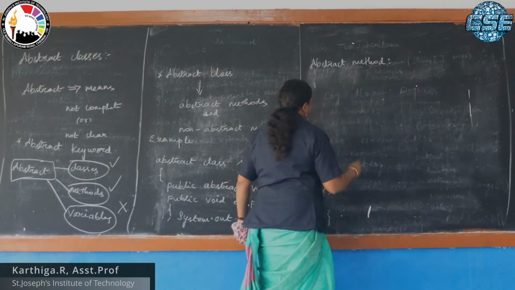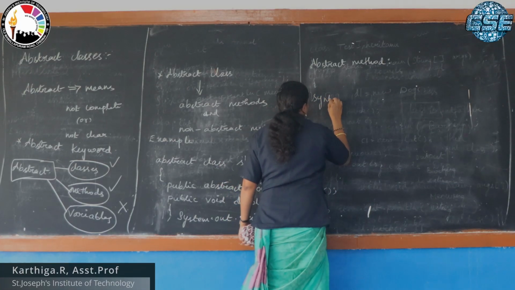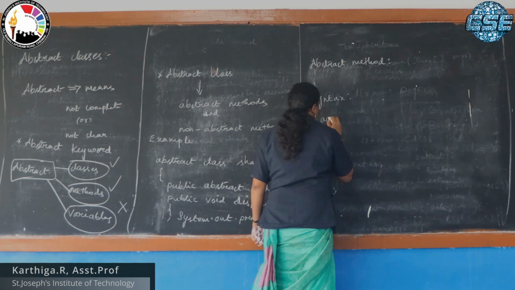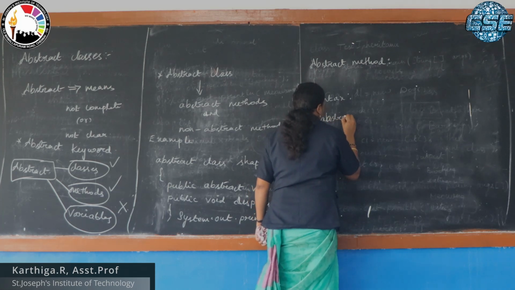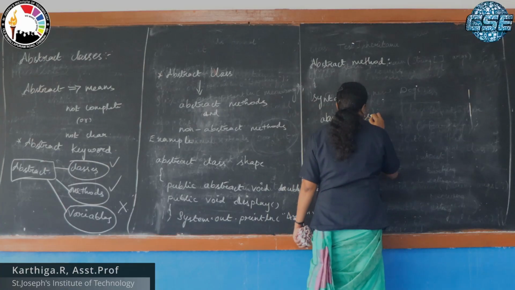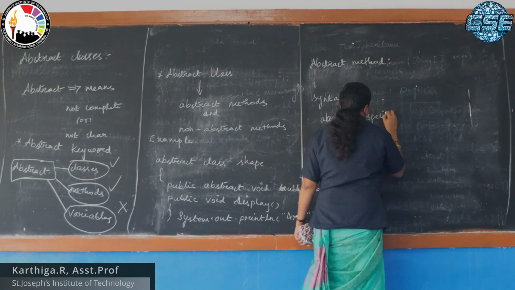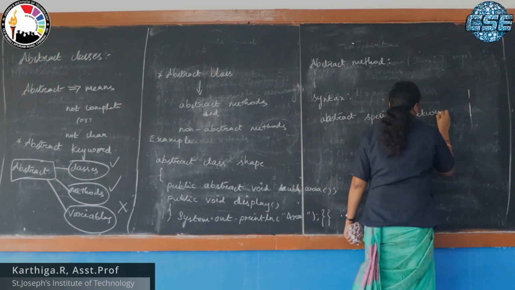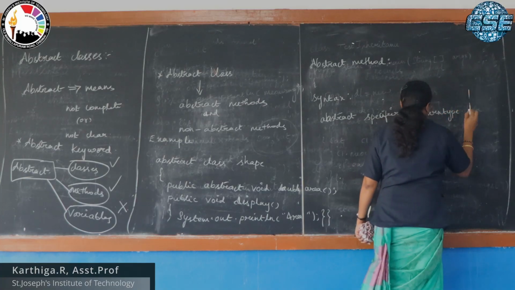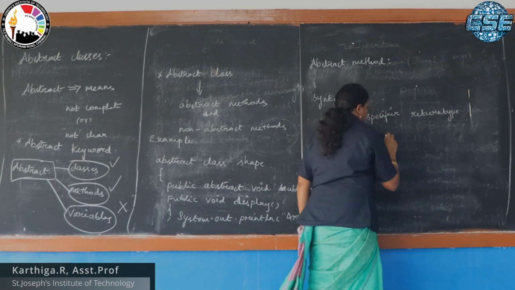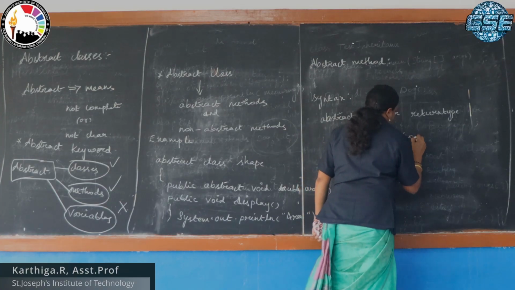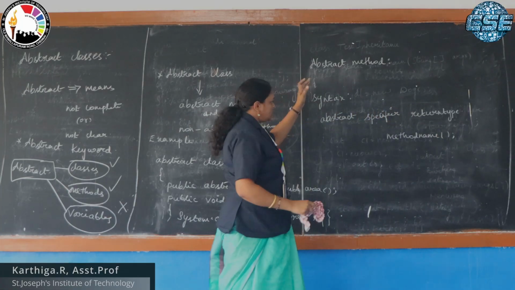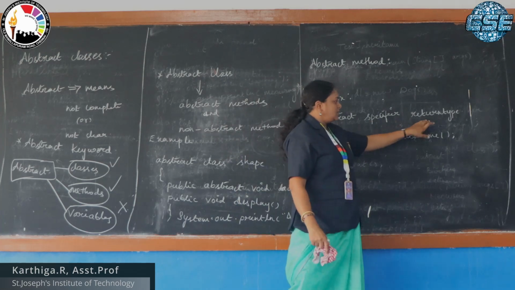The abstract method syntax is abstract, specifier, return type, method name.